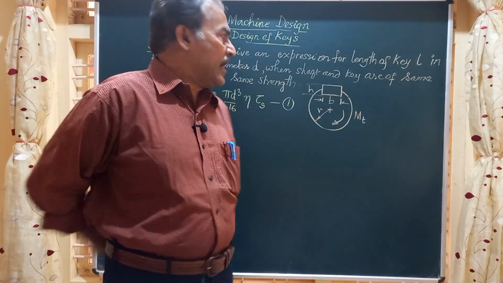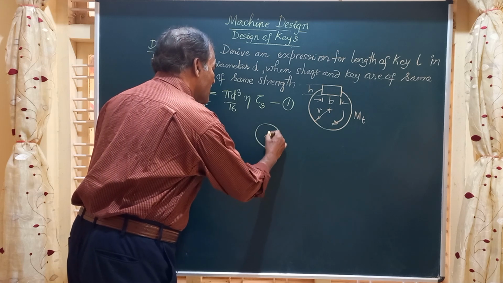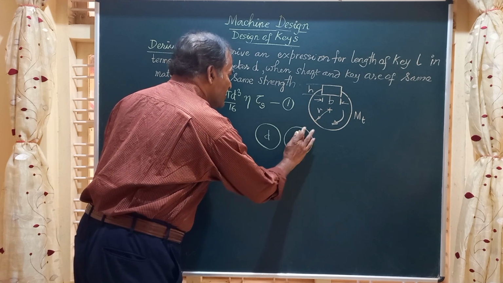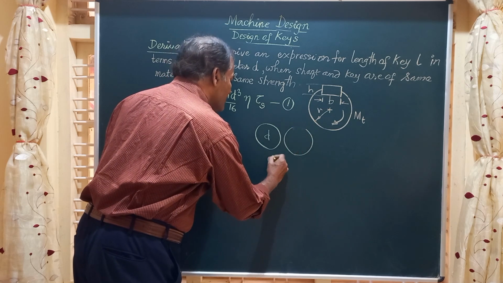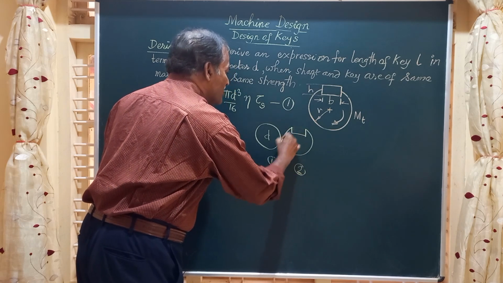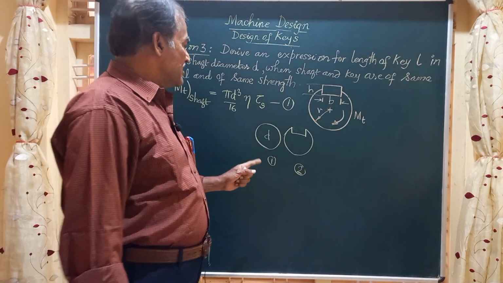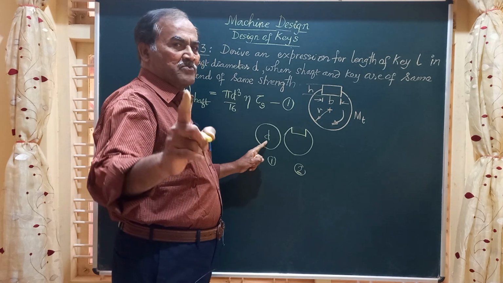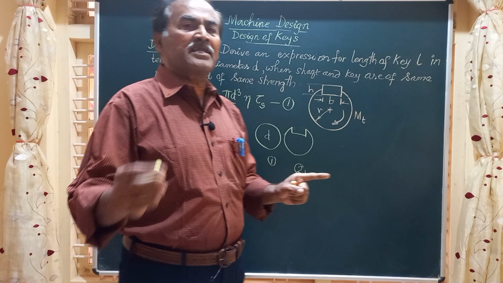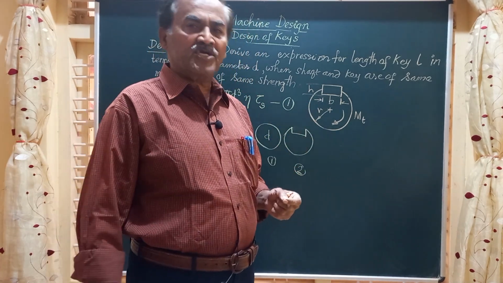Friends, if you have two shafts, both having the same diameter, but in shaft number 2 a keyway or key slot is made along the length of the shaft. Then if this is transmitting torque Mt, the torque transmitted by this will be slightly lesser because of the removal of the material along the length of the shaft.